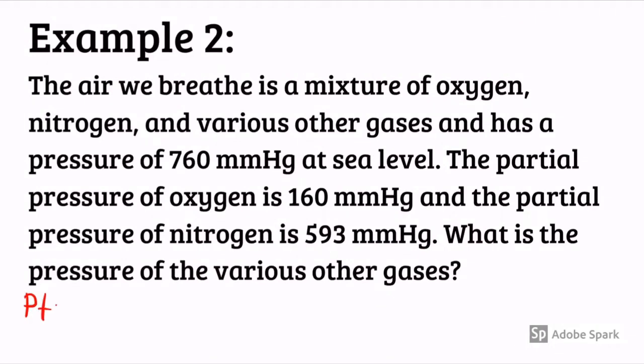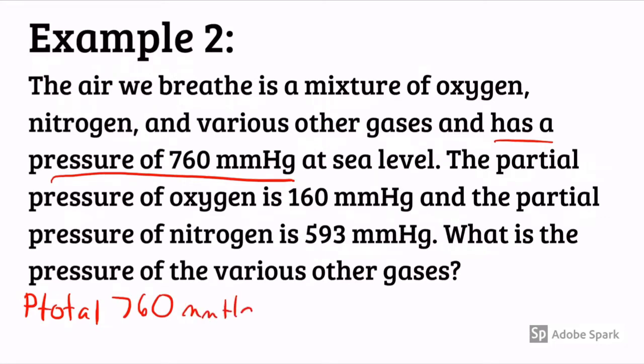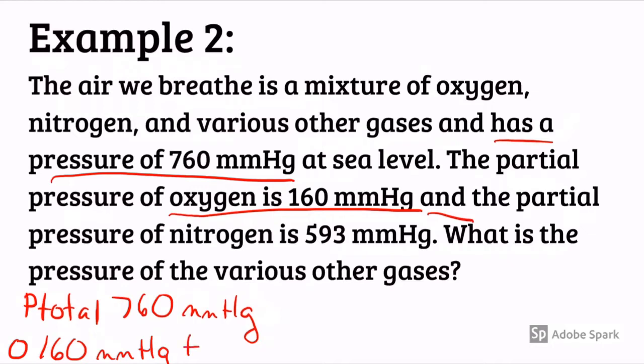Okay, so they're telling us that the total pressure equals 760 millimeters of mercury. Oxygen is 160 millimeters of mercury, and we're adding that to 593 millimeters of mercury for nitrogen.